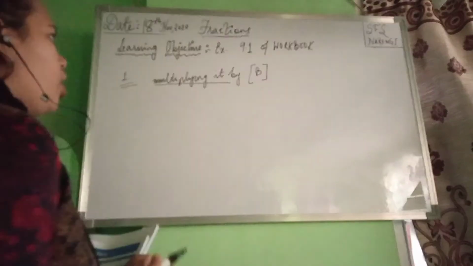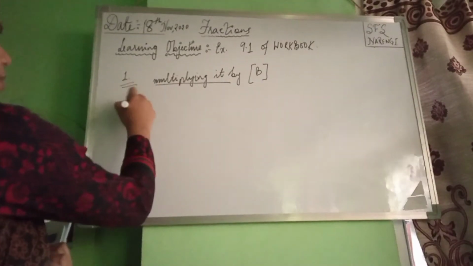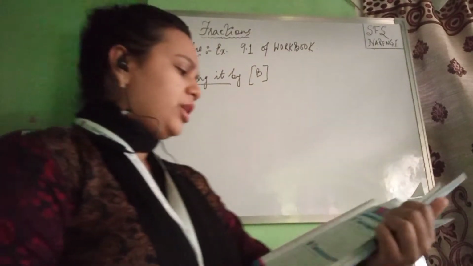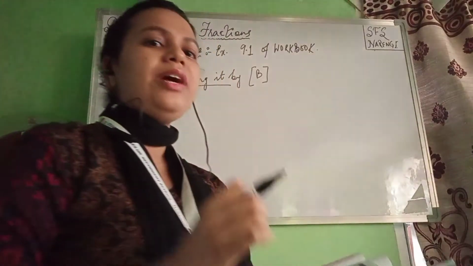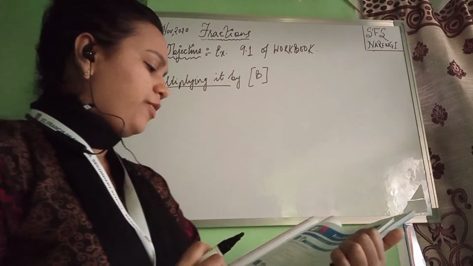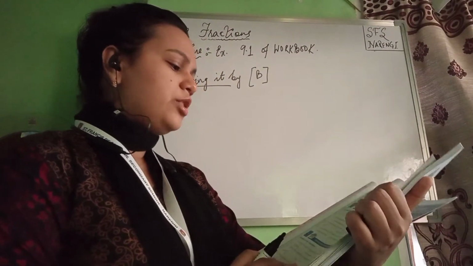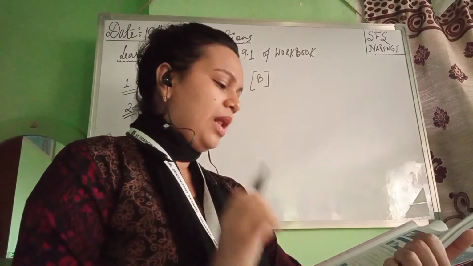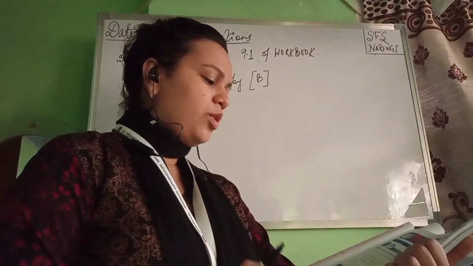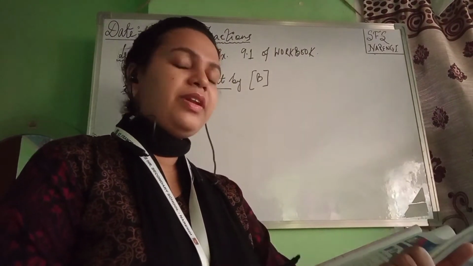If you look at question number 2, children, the factors of 7 and 1 are. So what are factors of a number, children? Factors of a number are the numbers that divide a given number exactly.